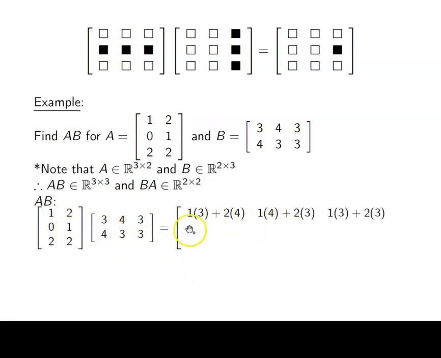For the second row, first entry, I'm going to take this row vector times this column vector. So 0 times 3 plus 1 times 4. Then for the next one, 0 times 4 plus 1 times 3. Then this and this one, 0 times 3 plus 1 times 3.